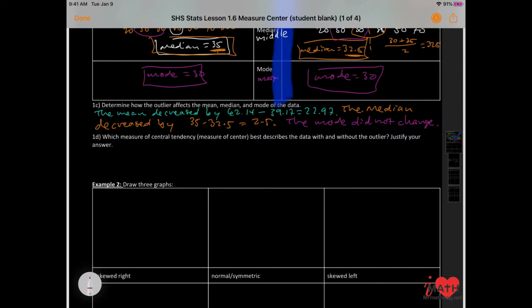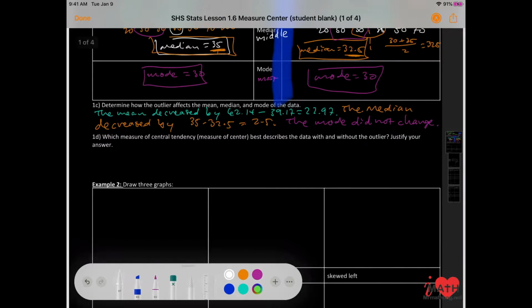All right, so here's the big idea of today. Which measure of central tendency, they call these central tendencies, mean, median, mode, or measure of center, and I'll show you why they call it the center, best describes the data with and without the outlier. Okay, so let's go in blue.